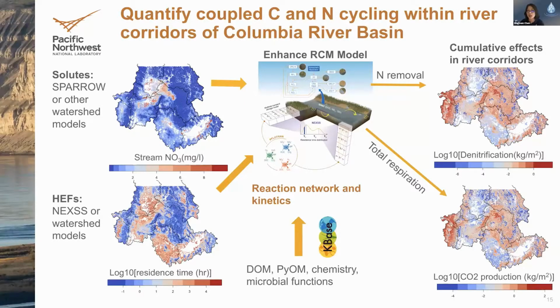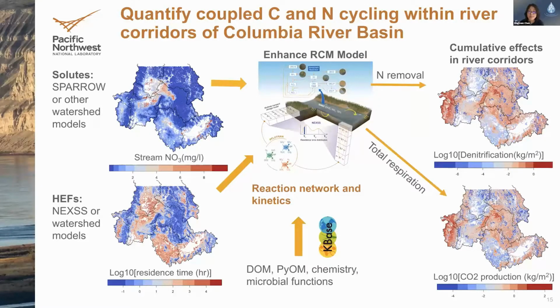can talk about later. And of most interest to this group, we can enhance what's happening within the river corridor and how that is impacted by the other things we can measure, like dissolved organic matter, pyrogenic organic matter, and water chemistry and microbial functions, to have a more accurate representation of our reaction mechanisms.